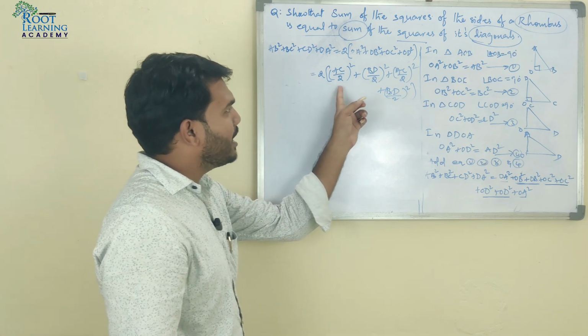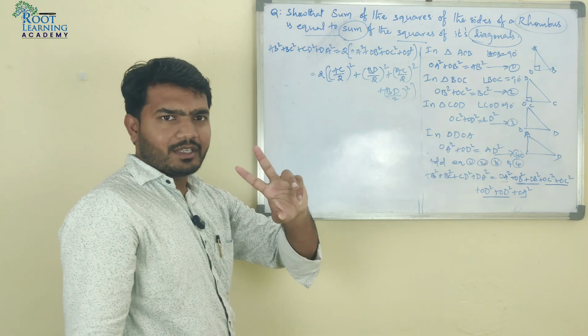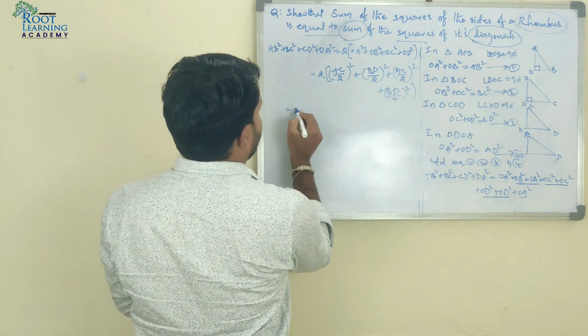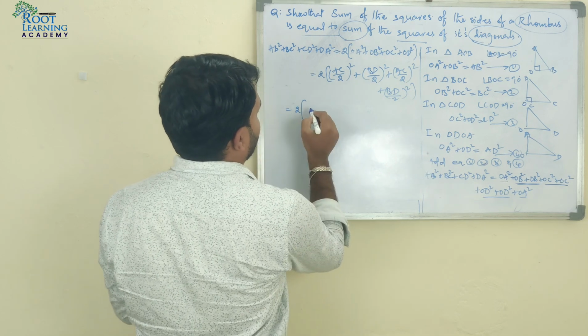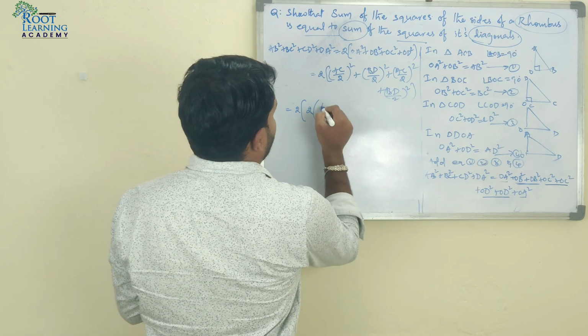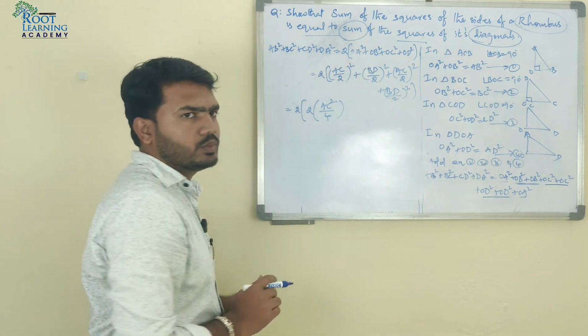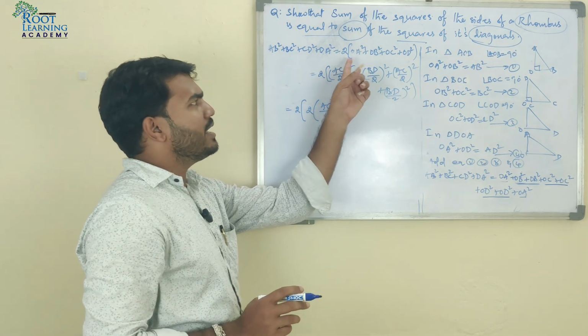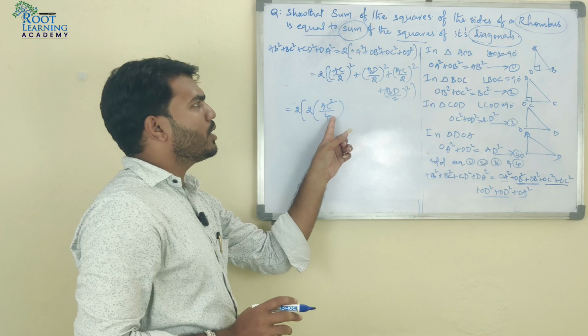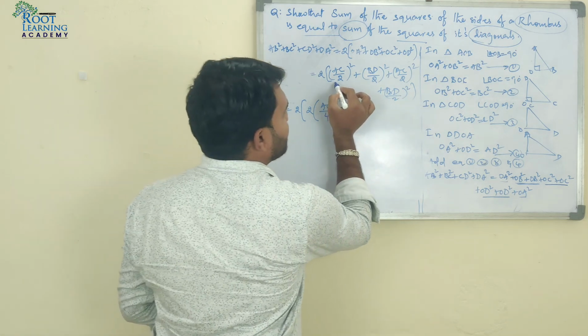Now again you can see all these are repeated 2 times. So I'm writing this as 2 of AC square by 4. AC by 2 whole square: AC square, 2 square is equal to 4, so AC square by 4, because it is repeated 2 times.